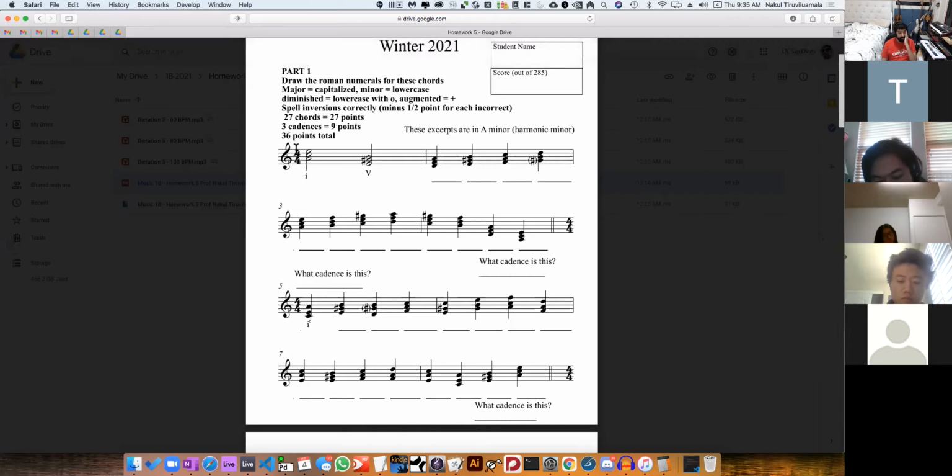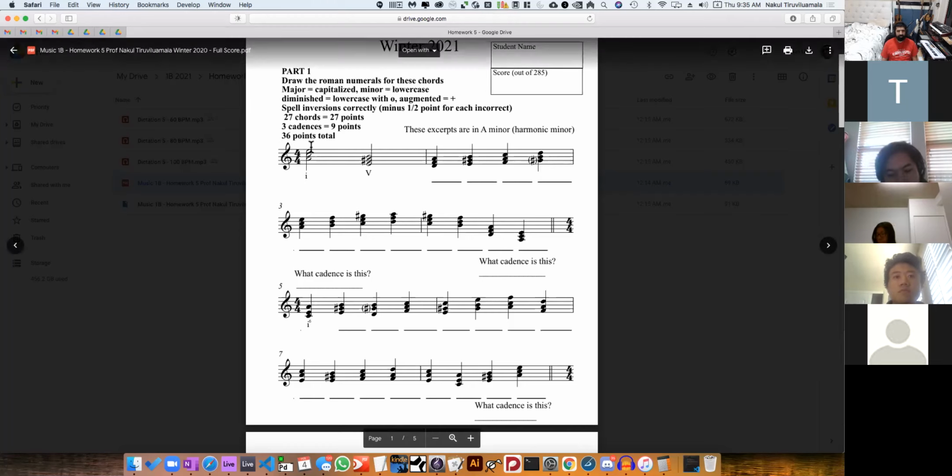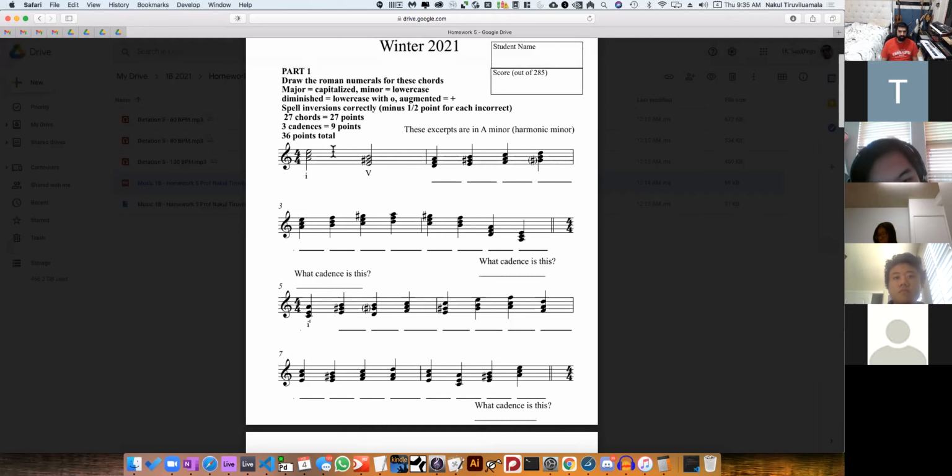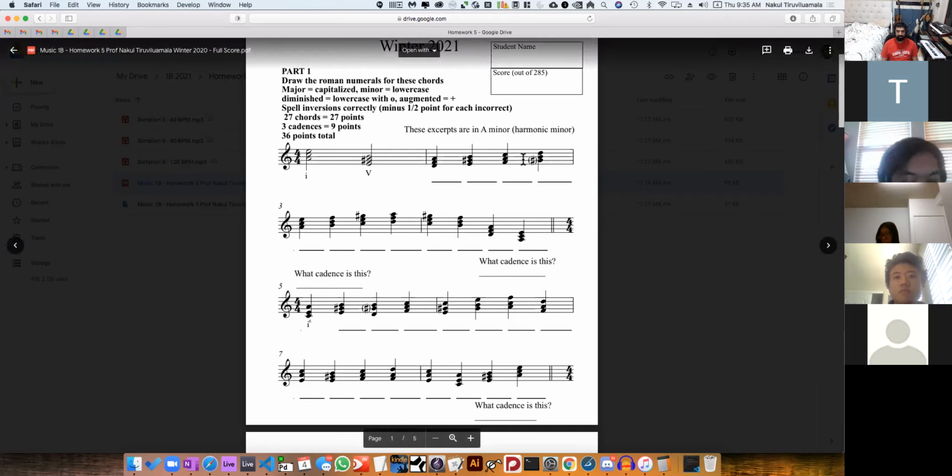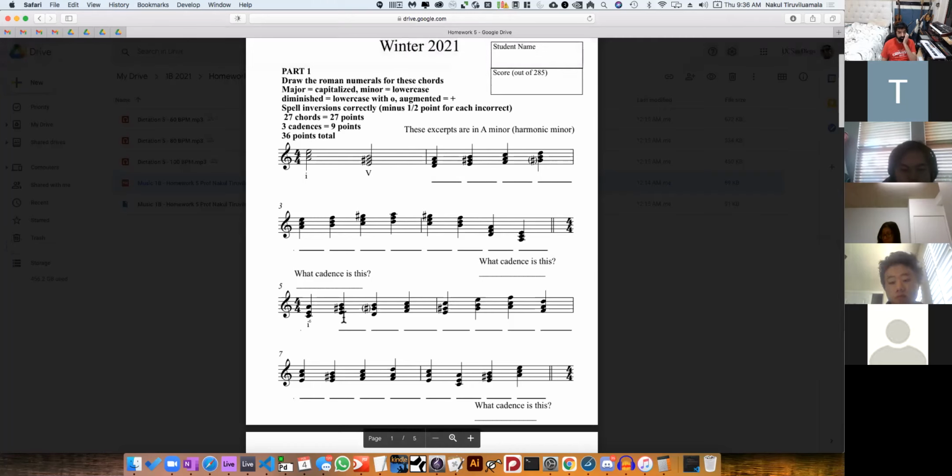So it'll start off with Roman numeral analysis, where you have to complete the figured bass and the Roman numeral. The first half of the first page is basically all the chords in root position, so the figured bass is assumed to be 5/3 for all of these chords. But the second half deals with different inversions.